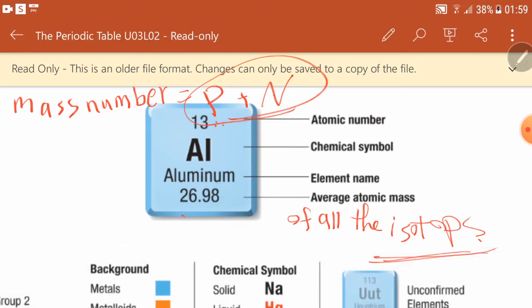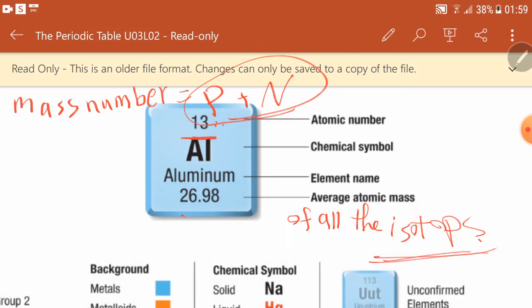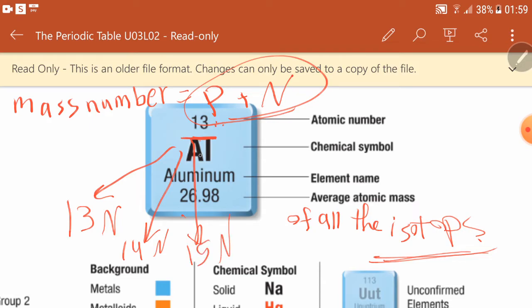Okay, so here the aluminum has 13 protons, as you see. It can have 13 neutrons too. It can have 14 neutrons. It can have 15 neutrons. It can have 16, for example, neutrons.